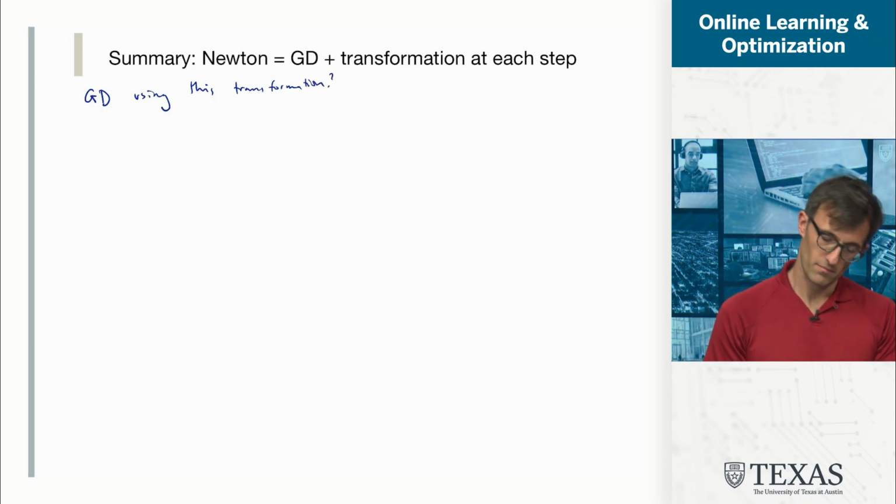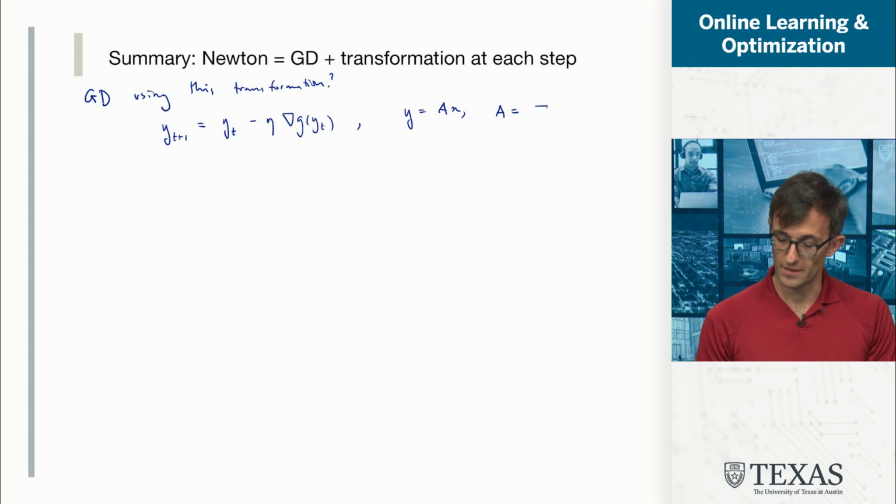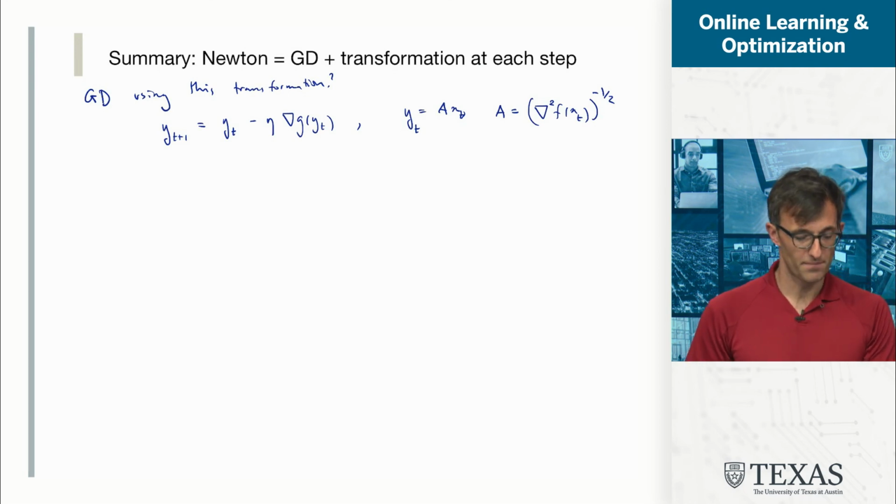So in other words, I'm going to write y t plus 1, doing gradient descent on g, is equal to y t minus some step size times the gradient of g of y t, where now I'm using y equal to A x, where A is defined as what we just wrote on the previous slide. A of x t is the Hessian of f at x t, to the negative 1/2 root, the inverse square root of that.